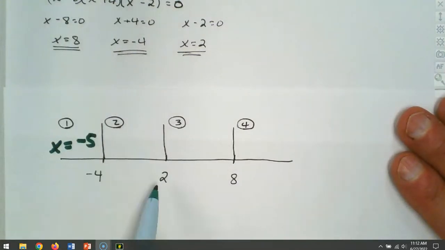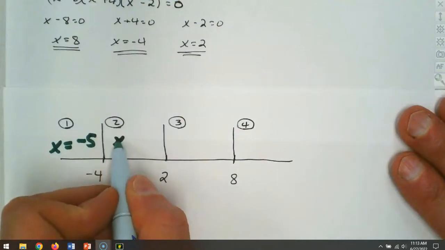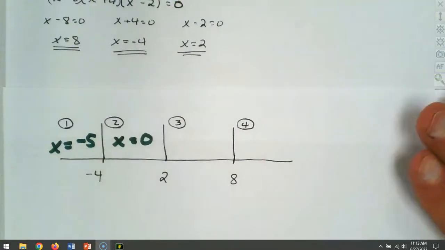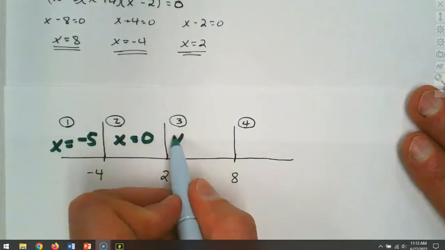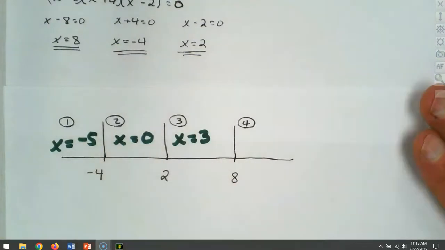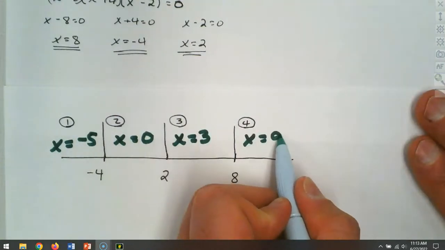And then for region 2, we need a number between 2 and negative 4. Well, an easy one to pick, if possible, is going to be 0. Because 0 is in between them. And then we look at 2 and 8. Well, a number between 2 and 8, make it easy. How about 3? 3's in there. And then a number bigger than 8, how about a 9?